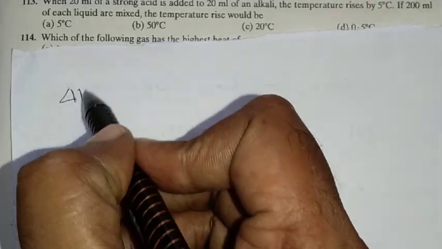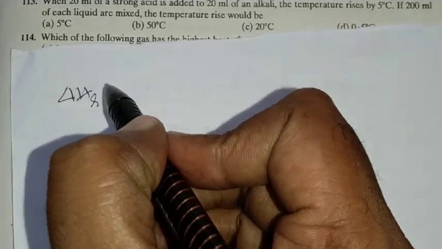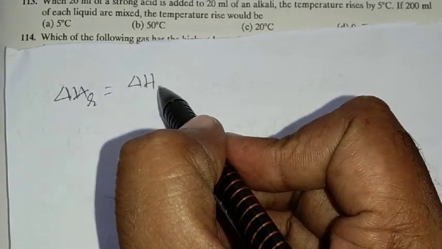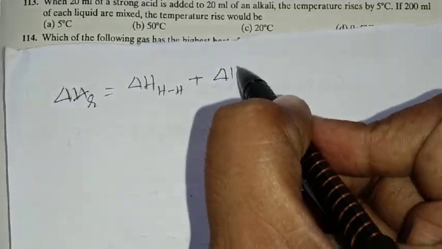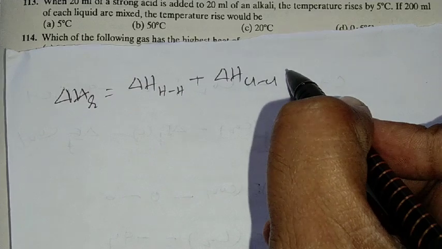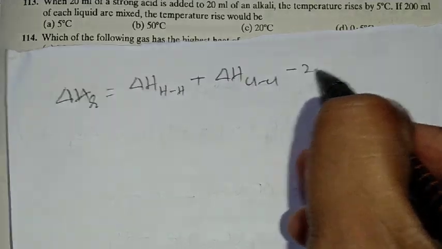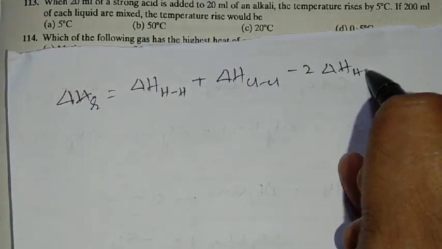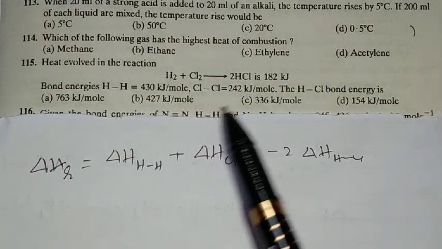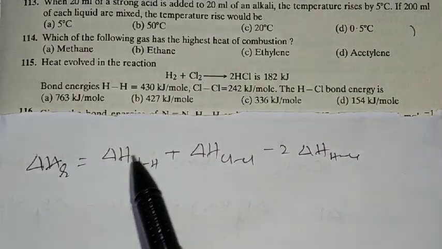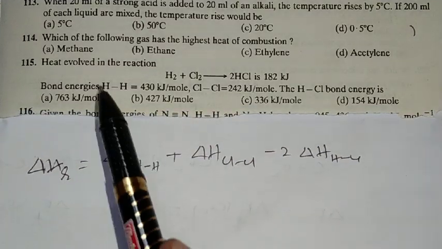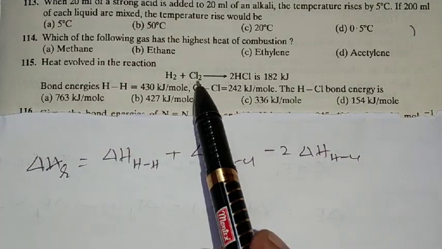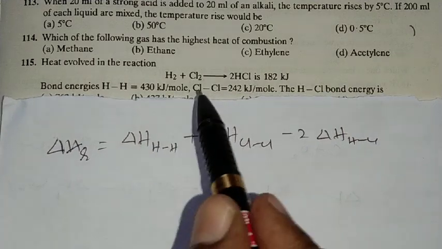So delta H of reaction is equal to delta H of H-H bond plus delta H of Cl-Cl bond, minus 2 into delta H of H-Cl bond. Is it okay? Reactant bond energies minus product bond energies, because the bond energies of H-H, Cl-Cl and H-Cl are given. This is the formula.